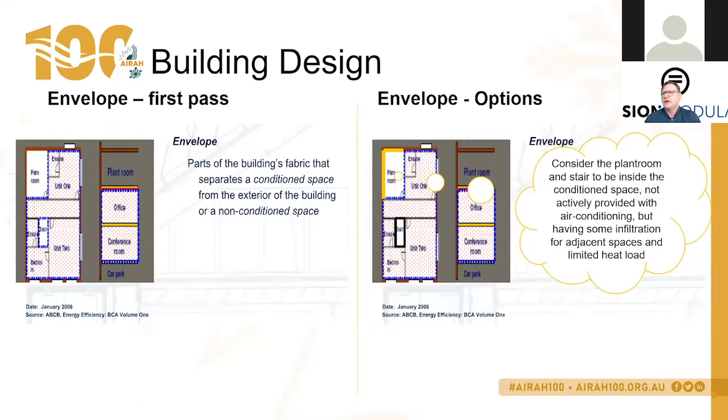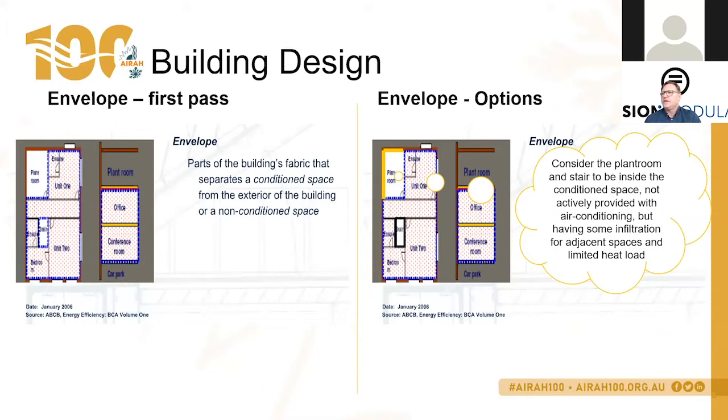So here's just a couple of alternate examples or options in regards to consideration of the building fabric. Looking at the options here in respect to the envelope, in our first pass, as per the previous slide, I had the plant room outside the envelope and the internal stair outside of the envelope.